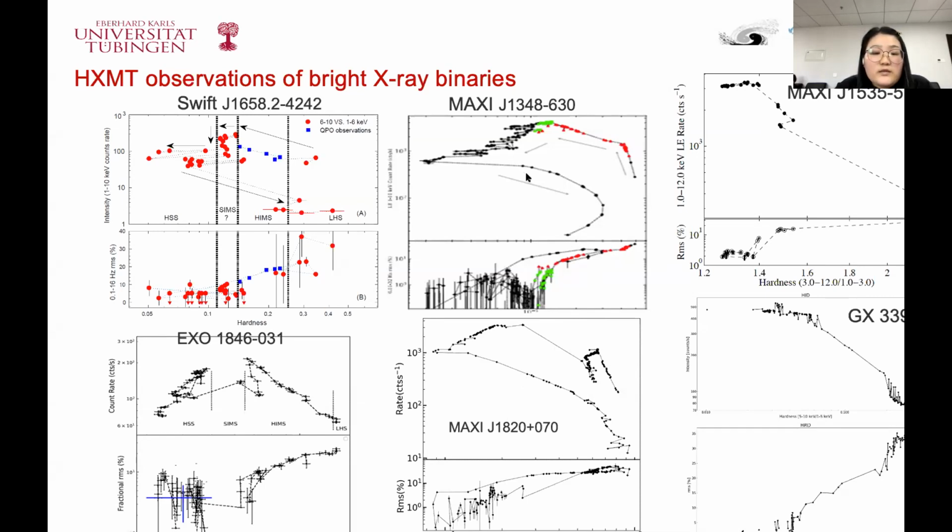And besides that, there are many new outbursts of known X-ray sources like Swift J0601.8-6058.2 and ESCO 1862 and GX 339-4. So for HXMT, we are able to perform continuous high cadence observations of the bright X-ray sources.